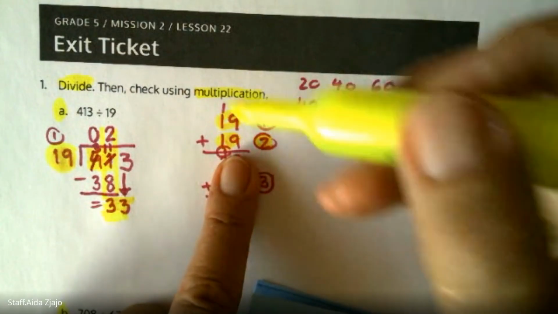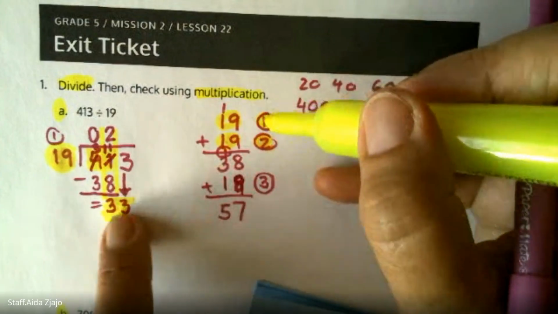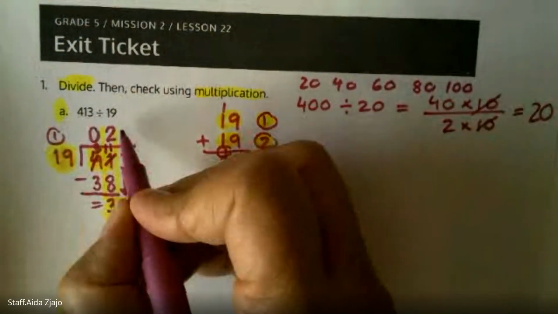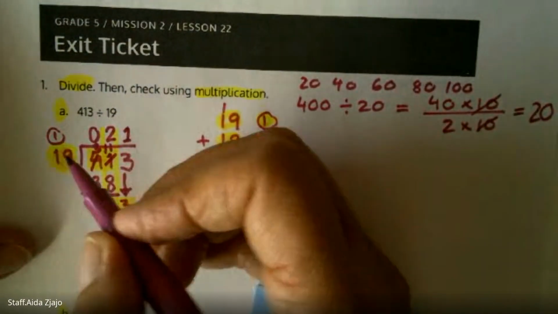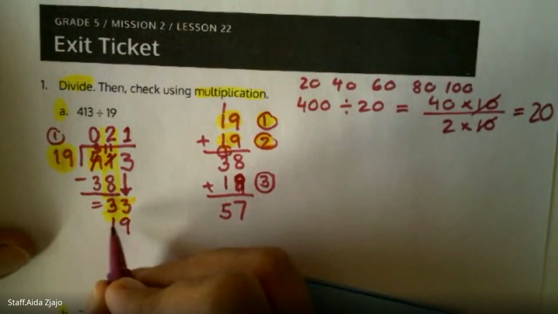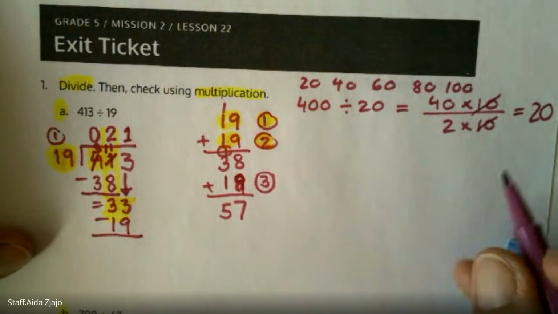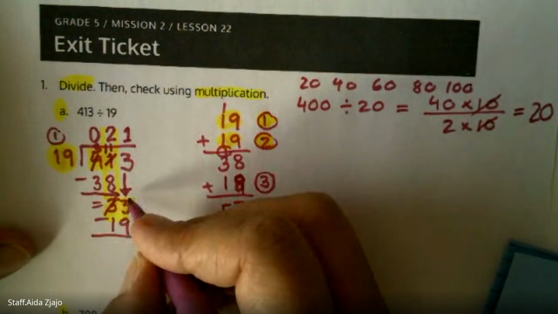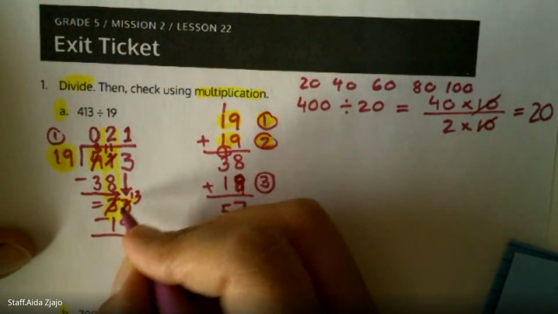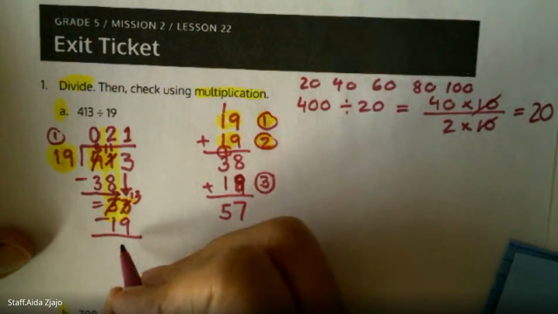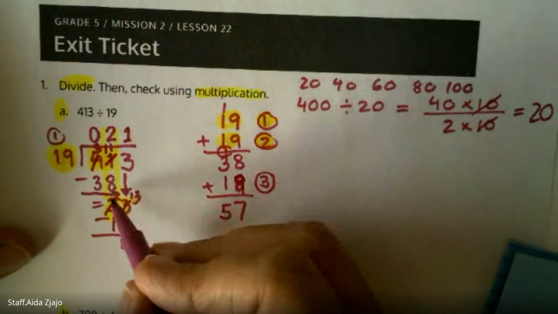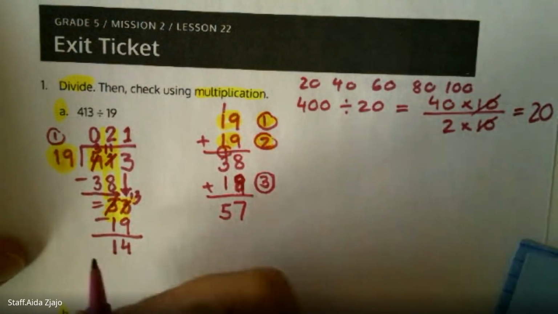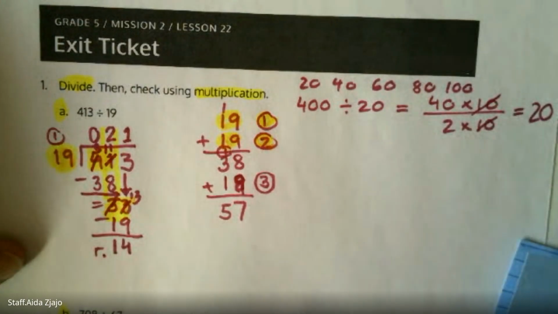So if I have 33, I only have 1 group of 19 in there. 1 times 19 is 19. And then when I subtract, regroup the tens, make this 13. 13 minus 9 is 4, and 2 minus 1 is 1, and then you have yourself a remainder of 14.